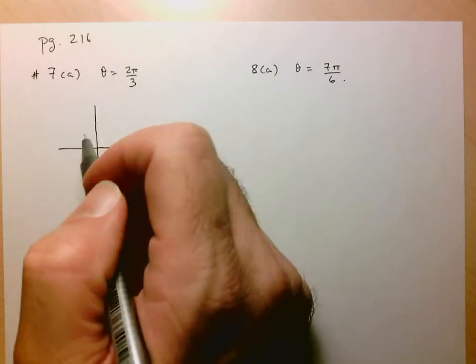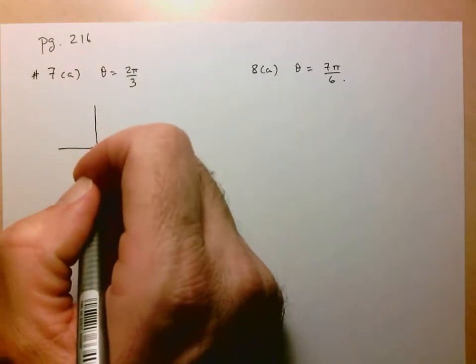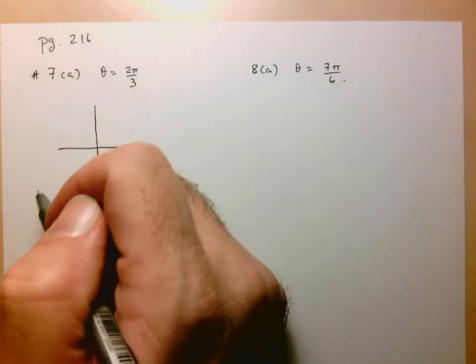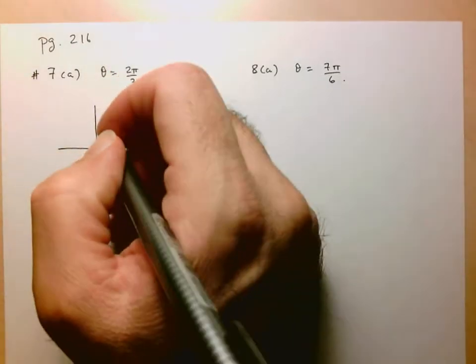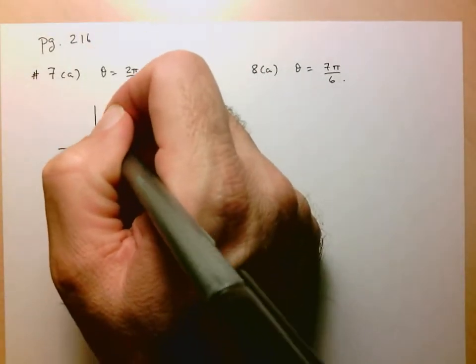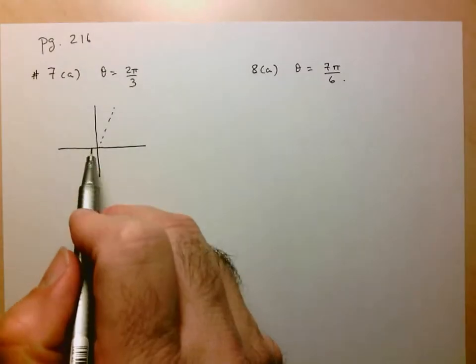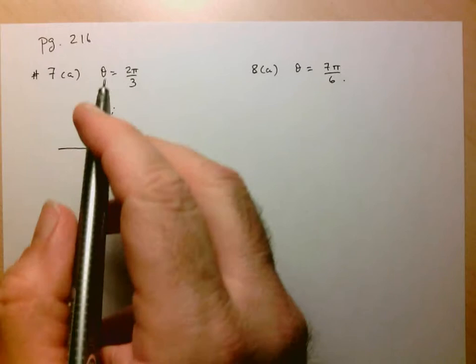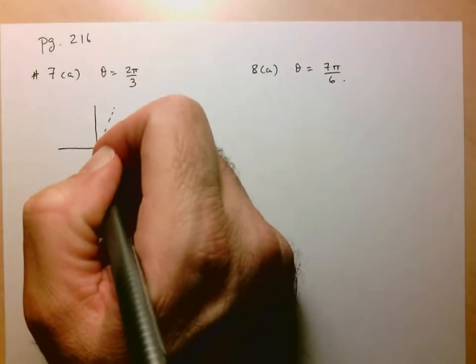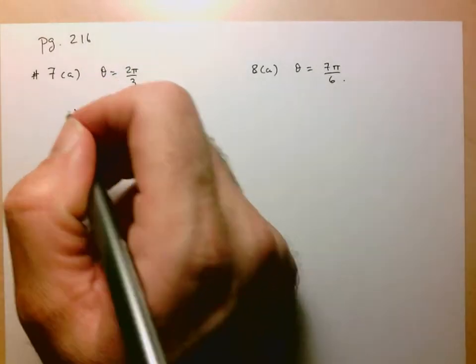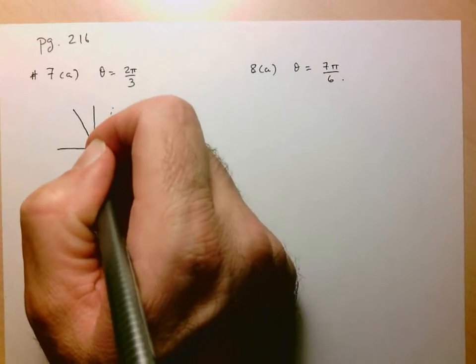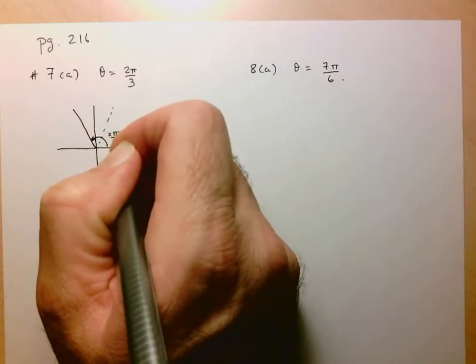So this is bigger than pi over 2, but smaller than pi, because that would be like 3 pi over 3, which would be along the negative x-axis. So 2 pi over 3 is somewhere here. There's my angle, 2 pi over 3.